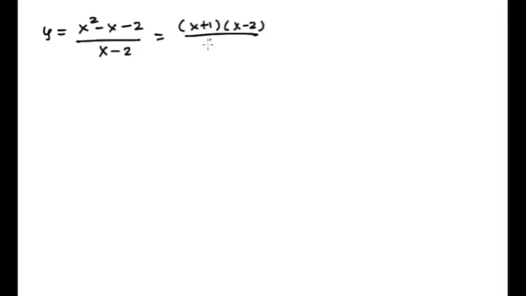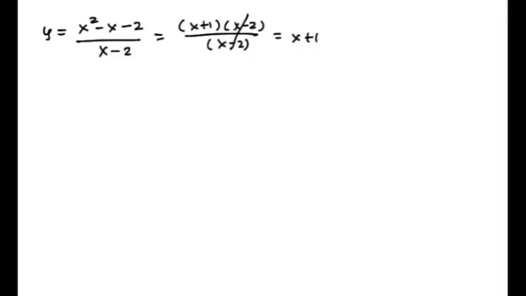Alright, so let's consider the function y equals x squared minus x minus 2 over x minus 2. This function is what we would call a rational function if you took pre-calc, and you might be noticing that we can factor the numerator into two binomials, namely x plus 1 and x minus 2. And so we can cancel these x minus 2 terms out, and we're left with x plus 1.